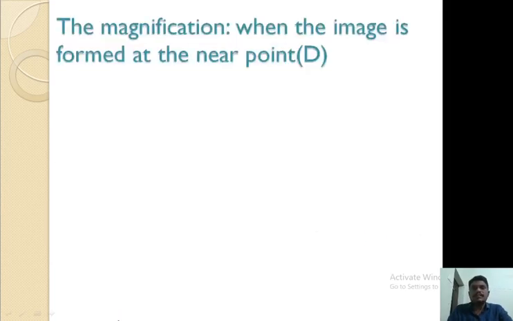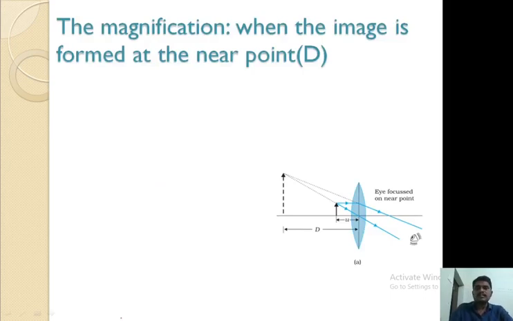Next, here we'll discuss the magnification produced by the convex lens when the image of the smaller and nearby object is formed at the near point. Near point is about 25 centimeter. It is the least distance of distinct vision.